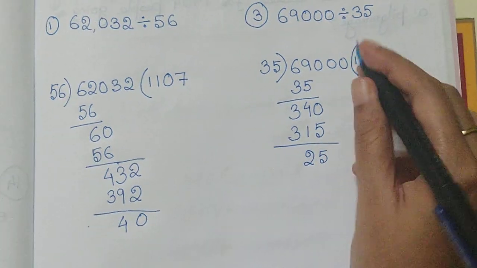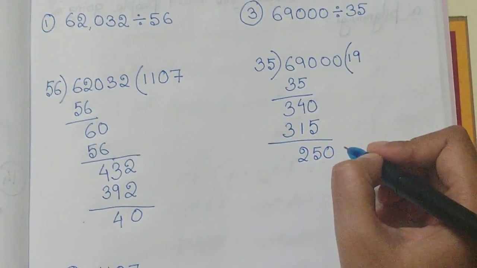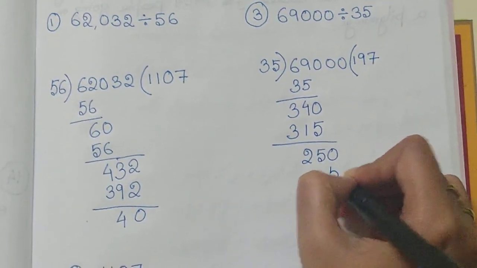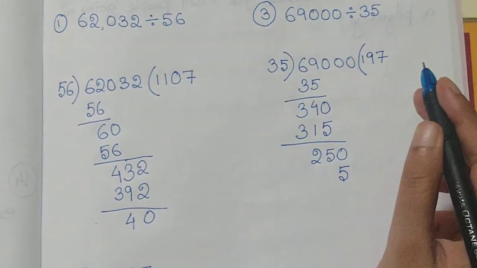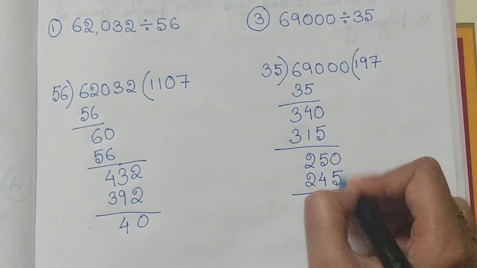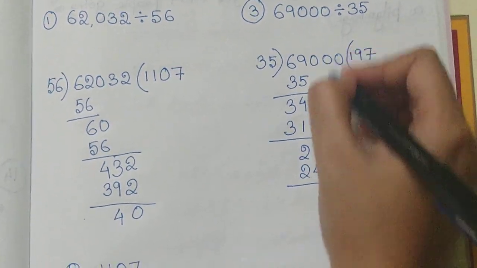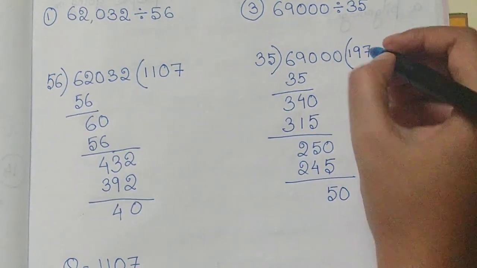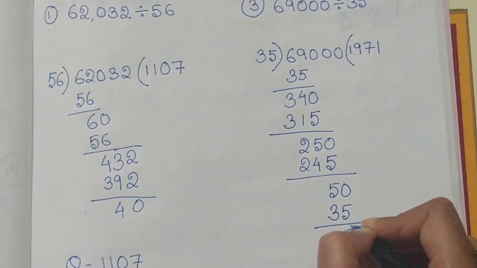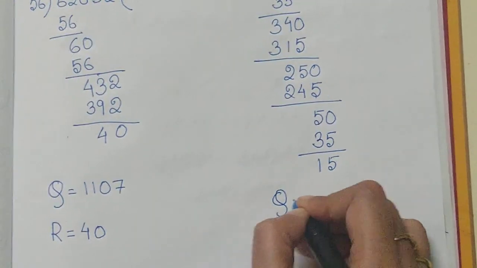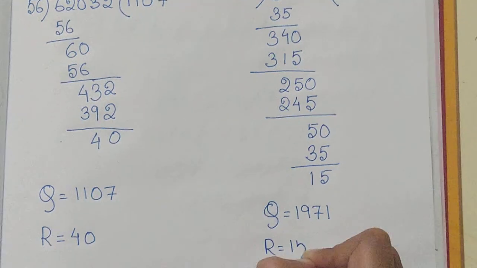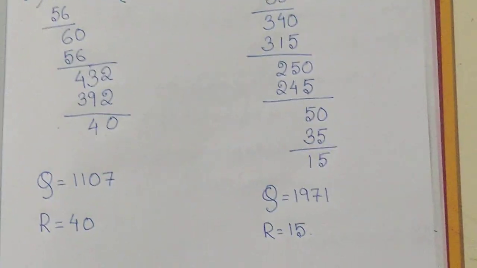Now again 0 will come down. So 7 fives are 35, 3 in hand, 7 threes are 21, 22, 23, 24. Now 0 will come down, again 1 thirty-five is 35. That is, quotient is 1971, remainder is 15. This is your answer.